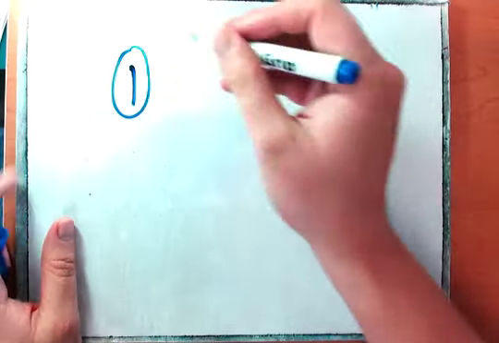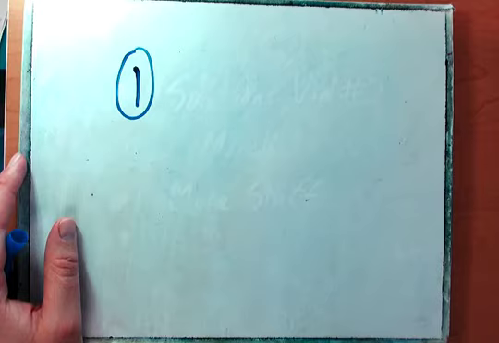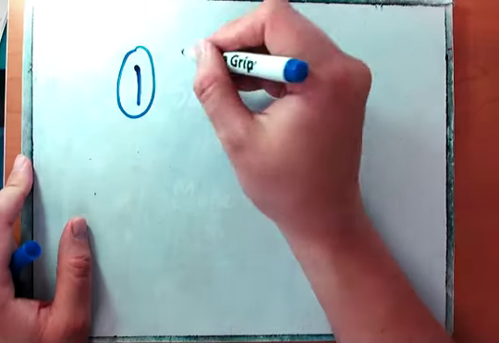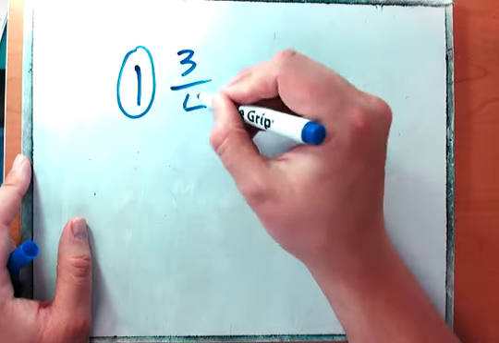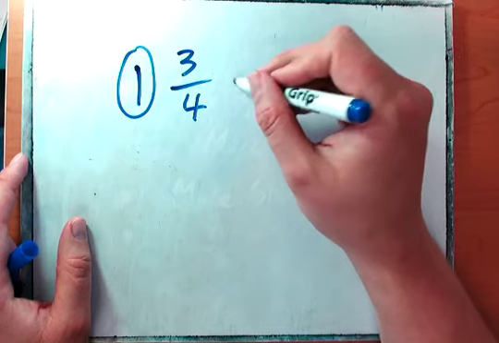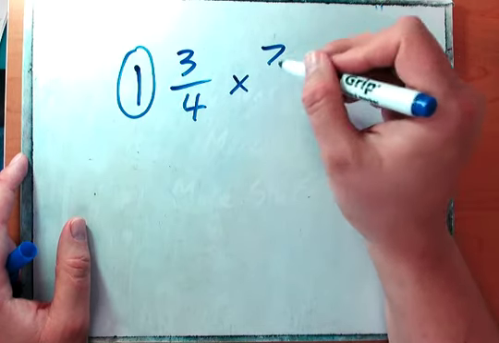So the first question we have on tap is number 1. 3/4 times 7/8.